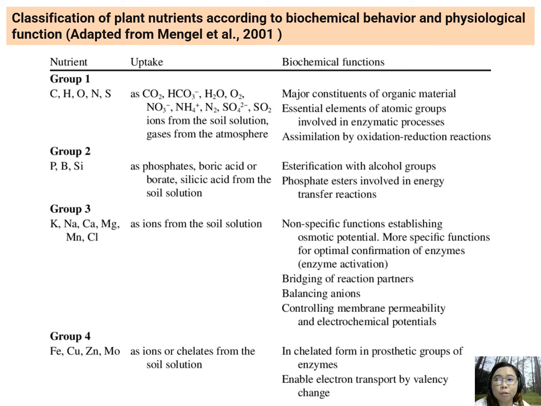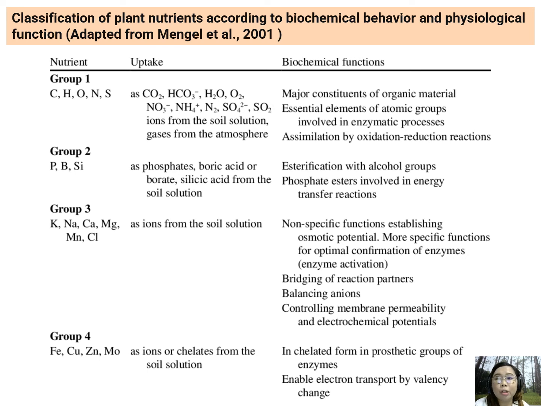The first group includes the major constituents of organic plant material: carbon, hydrogen, oxygen, nitrogen, and sulfur. These elements are constituents of amino acids, proteins, enzymes, and nucleic acids, the building blocks of life.